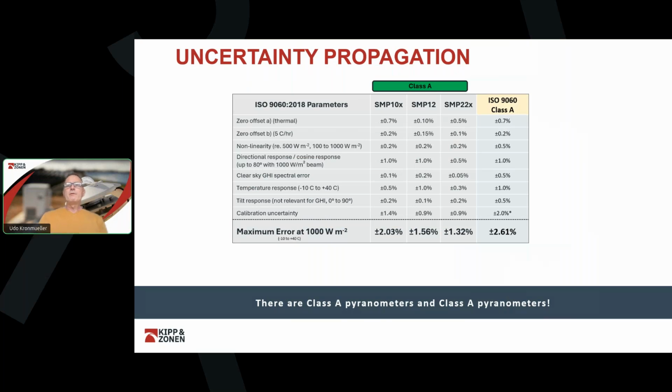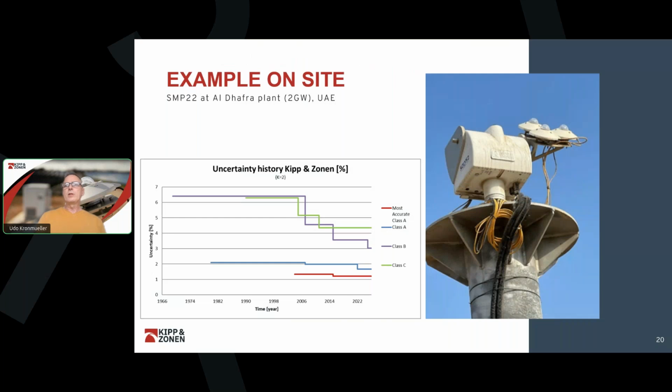Let me give you an example from Kipp & Zonen, the SMP22X, which actually provides the lowest uncertainty in the market. For the longest time, the SMP22 was made just for highly sophisticated applications in meteorological science or climatology.